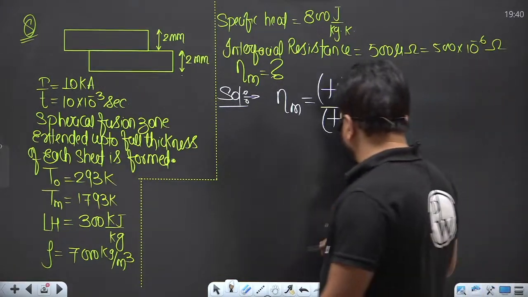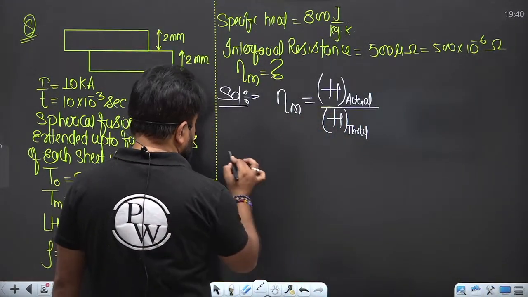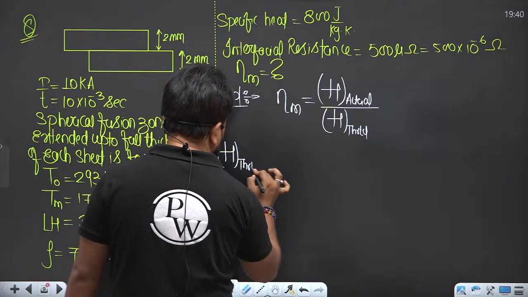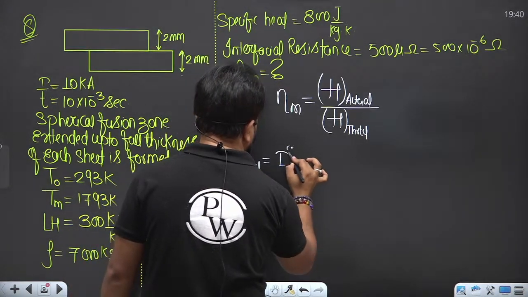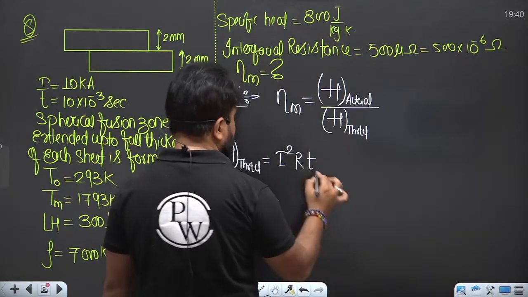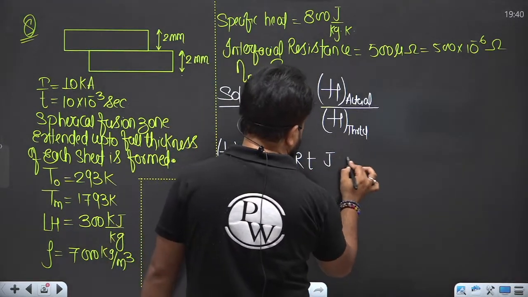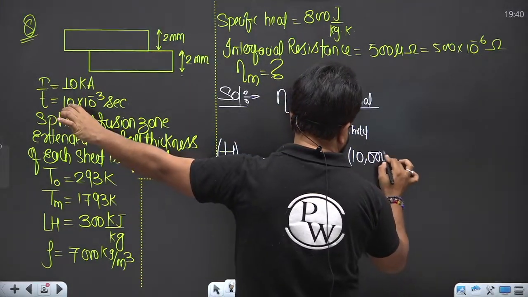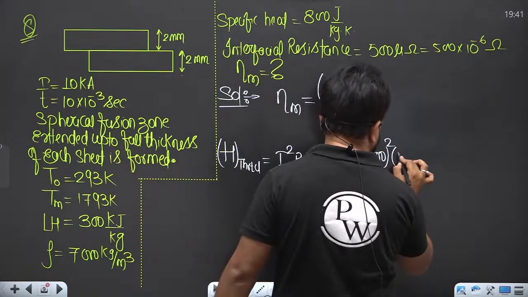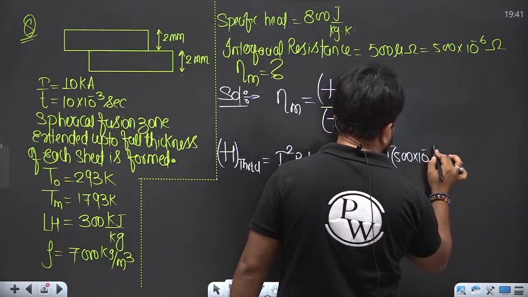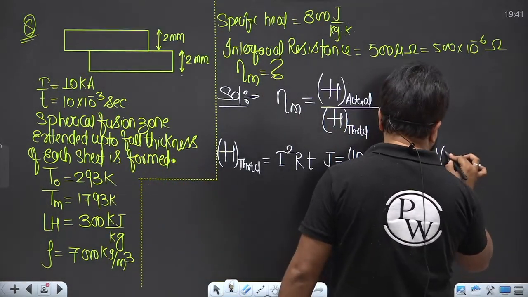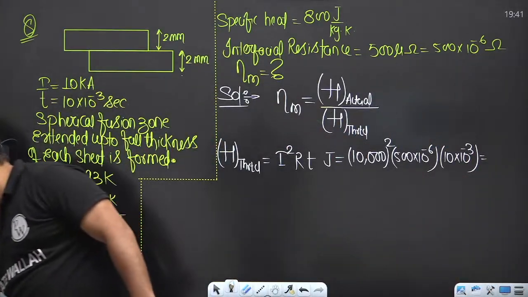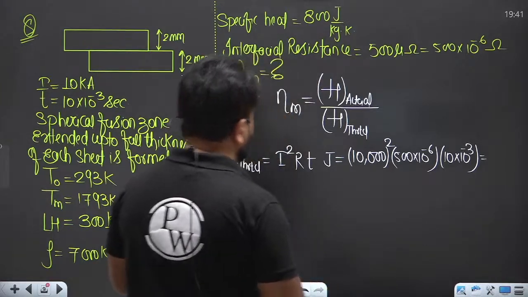So the theoretical heat here is what? I square R T, right? What is I? I is 10 kilo ampere. So 10 kilo ampere squared, R is 500 into 10 to the power minus 6, times T. So what will be the value?